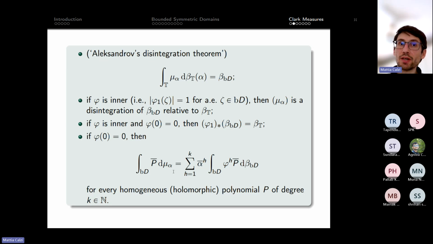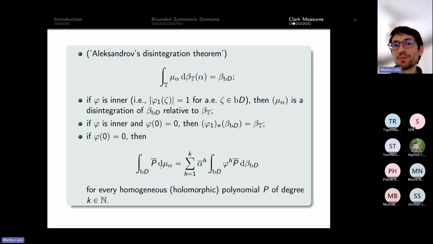But this still describes our measure mu alpha, because you get the integral against all conjugate holomorphic polynomials, then by conjugation all holomorphic polynomials, and then all pluriharmonic polynomials by summation.